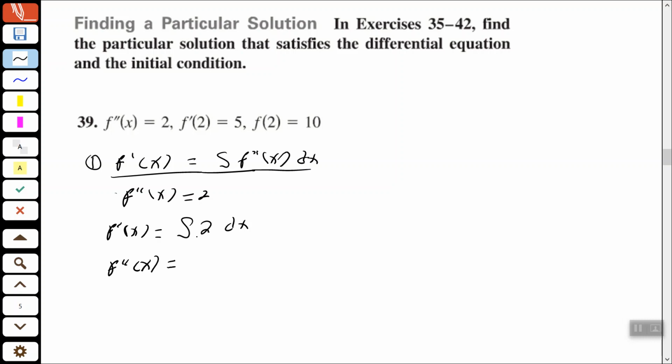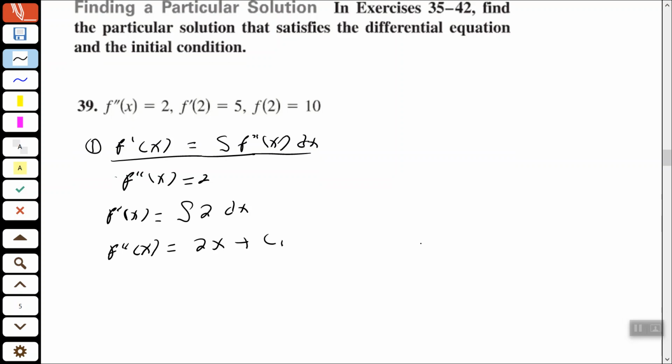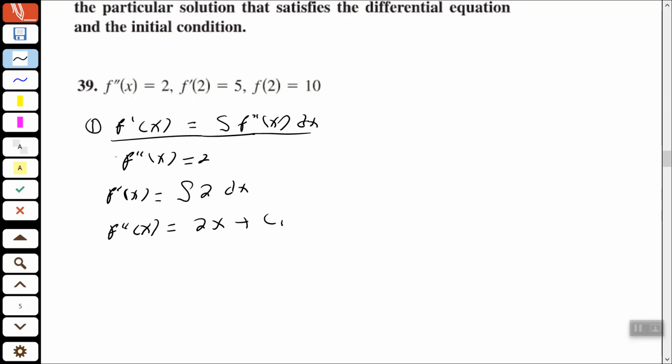So f prime of x is equal to 2x plus c. Sorry, that should be f prime of x.